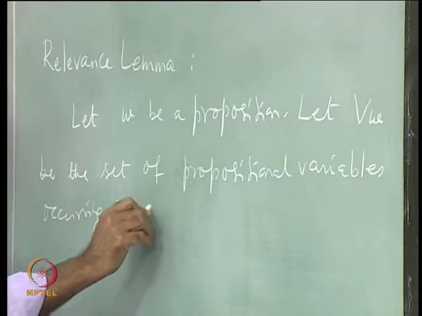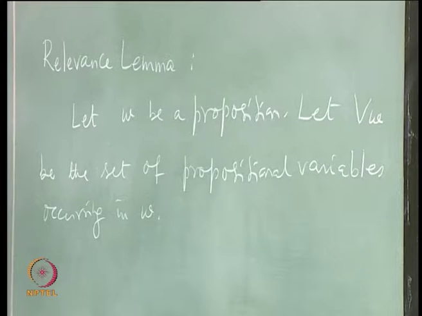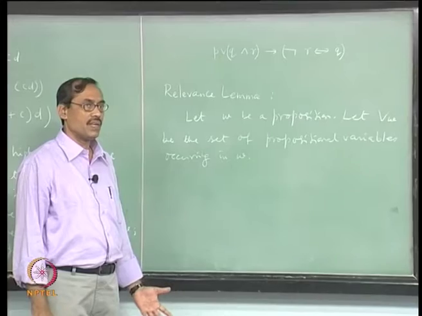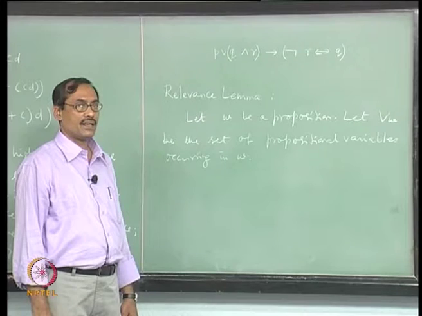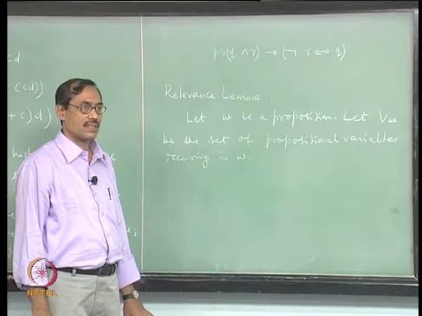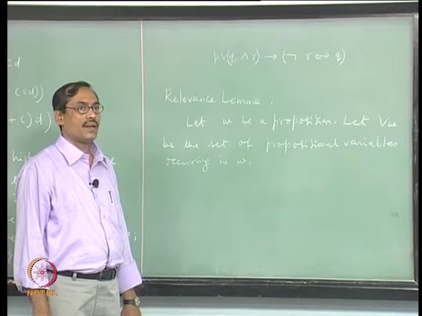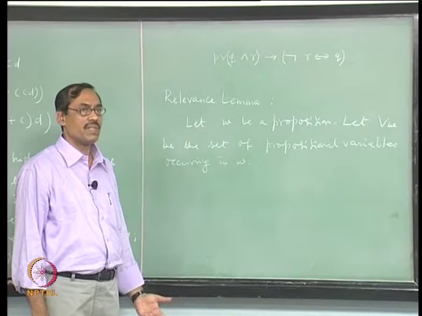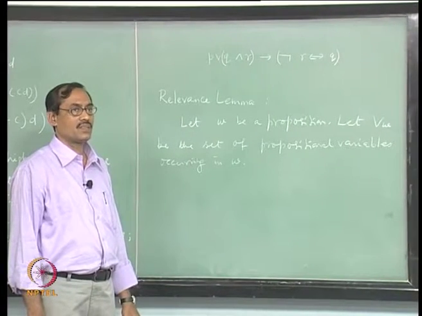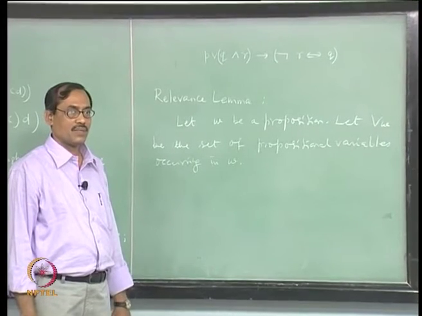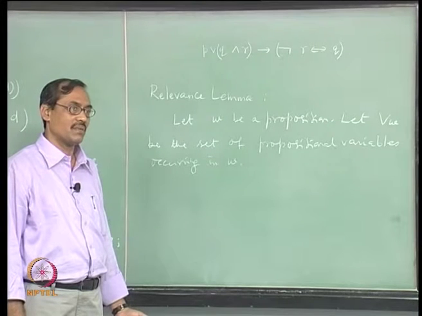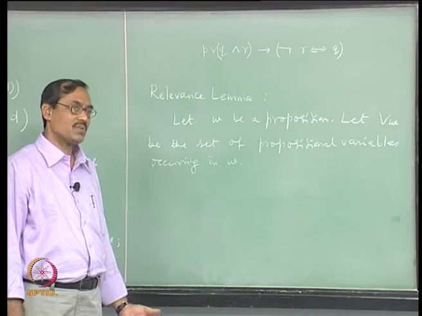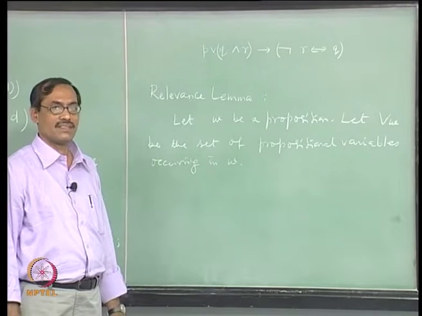So, what we want is if some propositional variable does not occur in VW, is not a member of VW, then I of that propositional variable and j of that propositional variable, even if they differ, I and j should give the same value to W, right. Put the other way, if I and j both agree for all the propositional variables in VW, then they should agree on the whole of W, right.